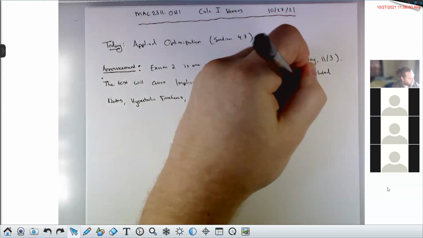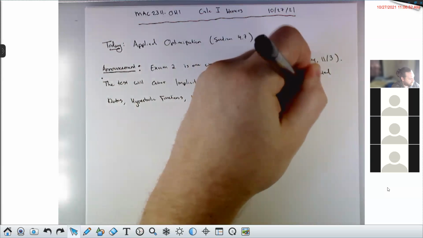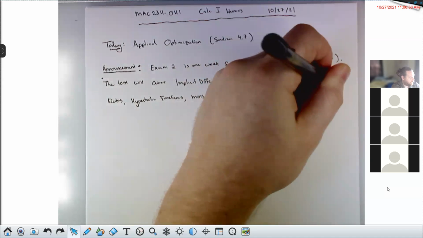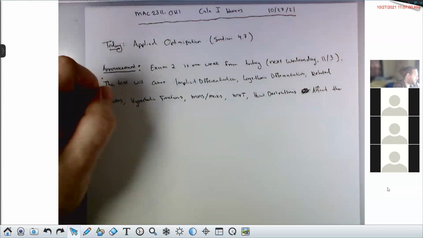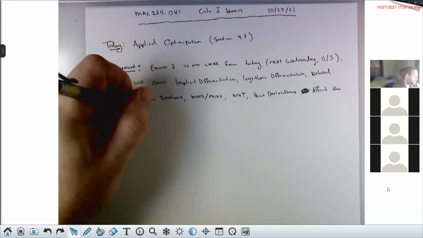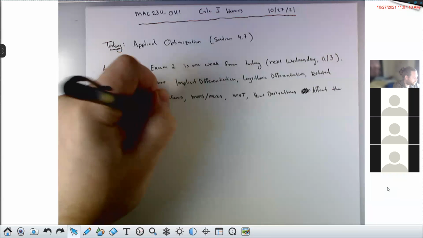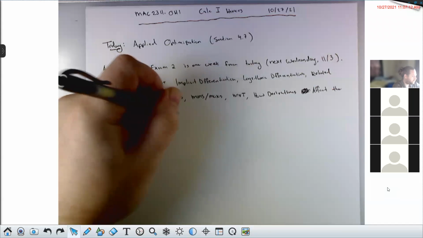How derivatives affect the shape of a graph. And then the two sections that we've been talking about recently, indeterminate forms and L'Hopital's rule.